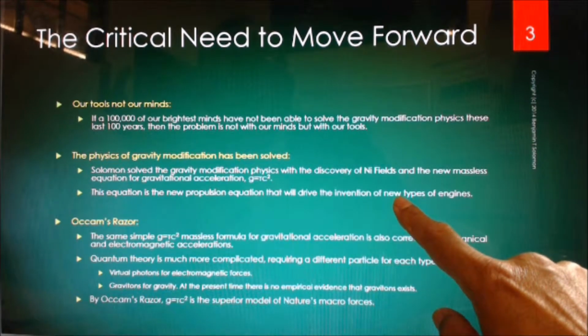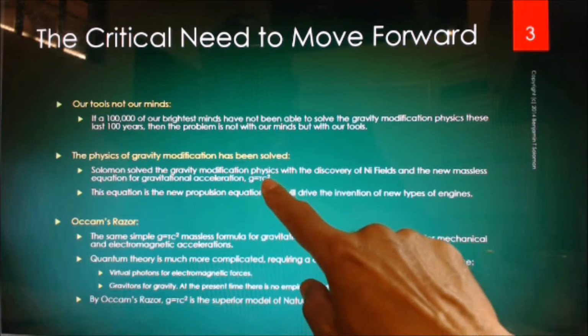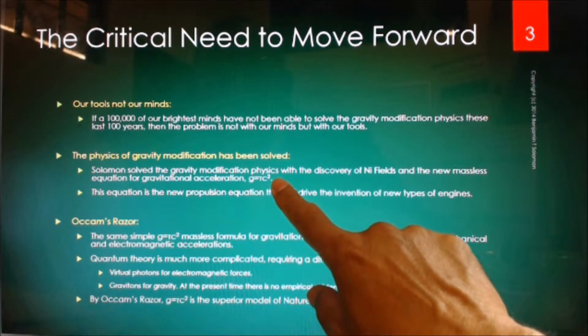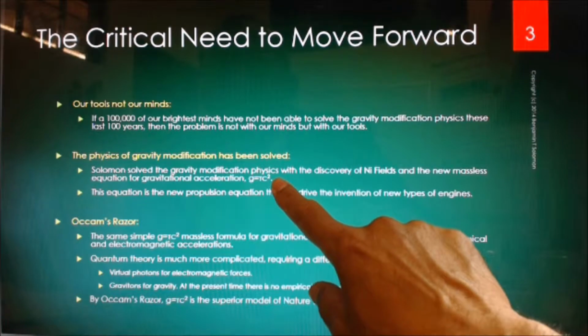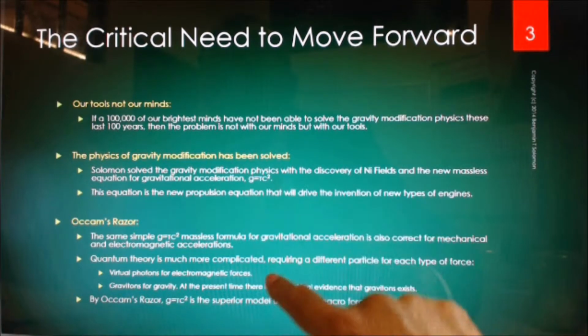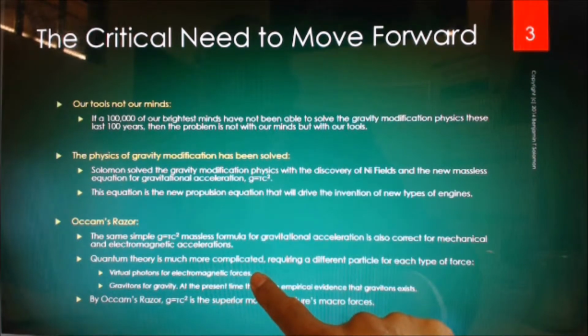But you will say, wait a minute, how do you do that without thrust? Well, look at the gravitational field. The gravitational acceleration in a gravitational field is independent of the mass of the object that's falling into it. And therefore, since this formula works for electromagnetic and mechanical accelerations, by Occam's razor, this is a much better model than quantum theory, because quantum theory requires a different particle for each force.